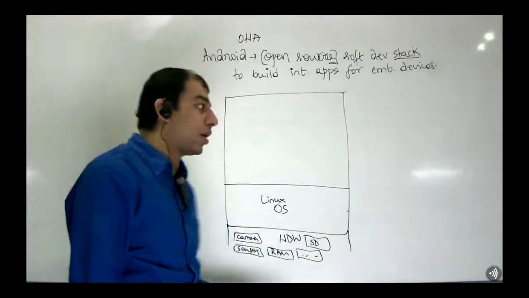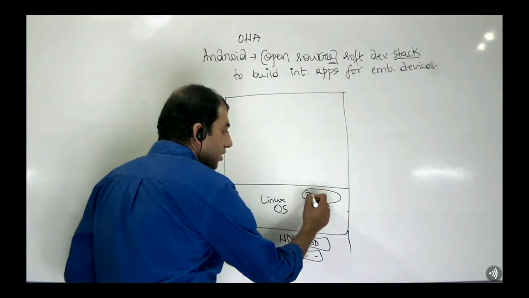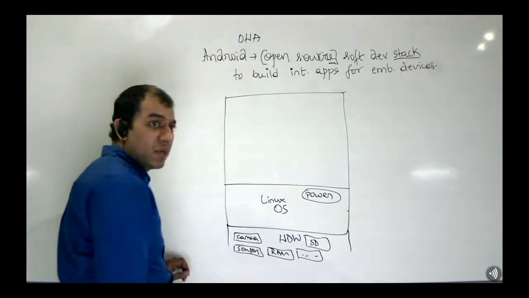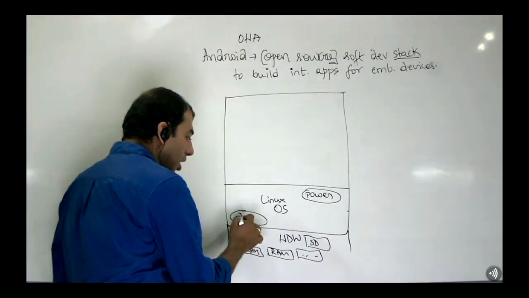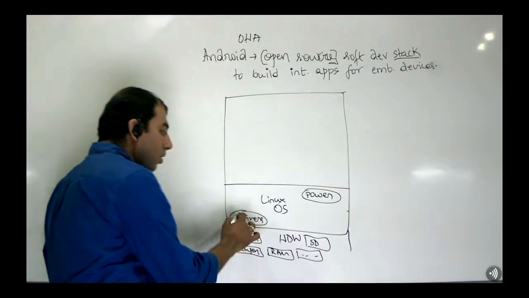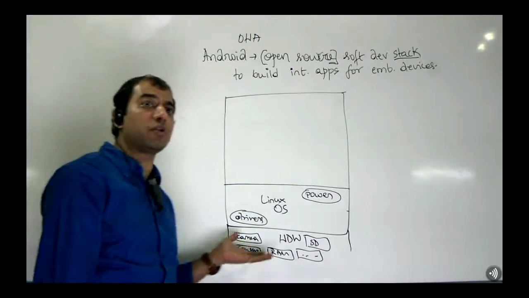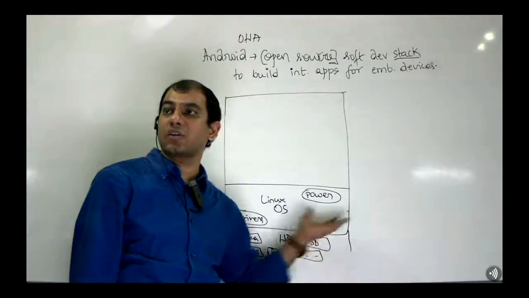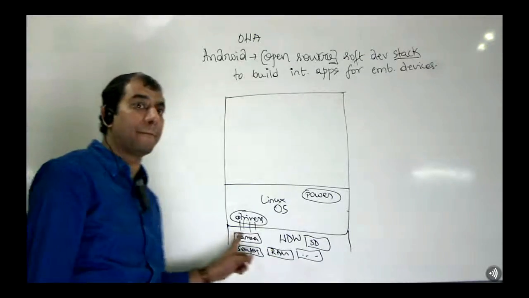Second thing is, what did he add on? He added on certain things, right? One of the things that was added was power management, right? Power management. The other thing that was added on was the ability to add drivers dynamically. What are these drivers? Obviously, we should utilize all these hardwares and sensors that are there, isn't it? How you communicate with all the hardwares that are there is via drivers.